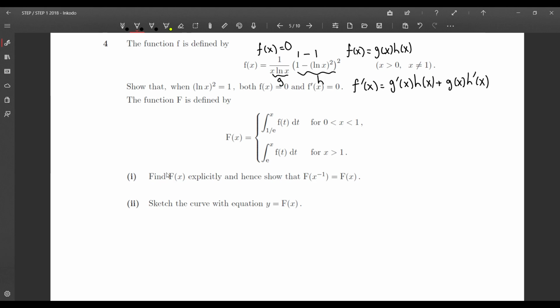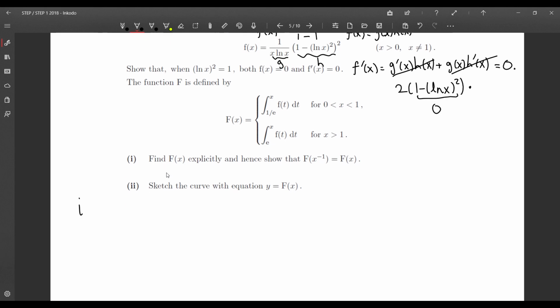Now we know when ln x squared is 1 that h of x is 0, so this part's going to disappear. And then in the derivative h prime of x, you're going to have 2 times 1 minus ln x squared times the derivative of this term. But this term is going to be 0, so this part also goes to 0. So we have 0 plus 0 is 0.